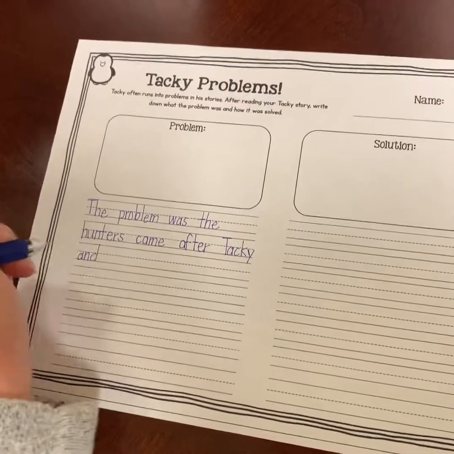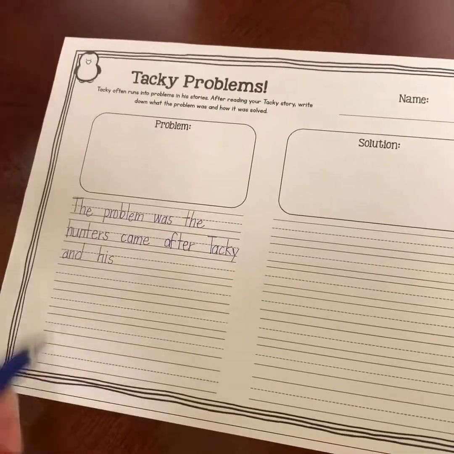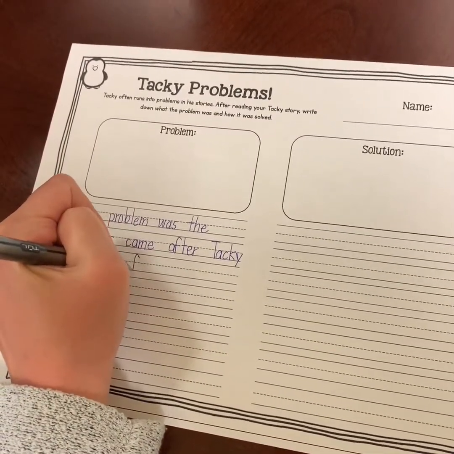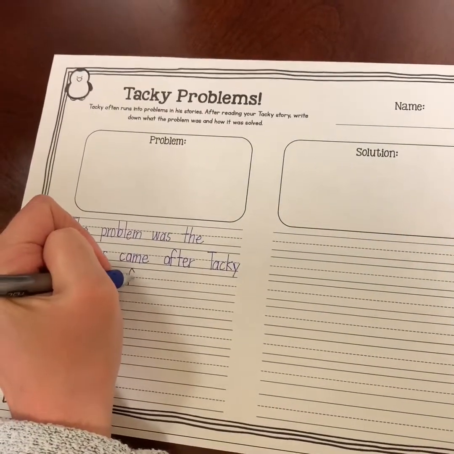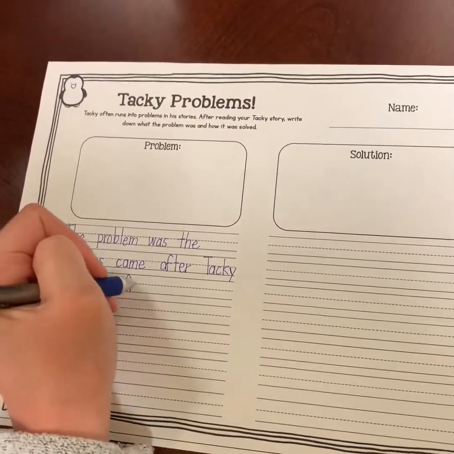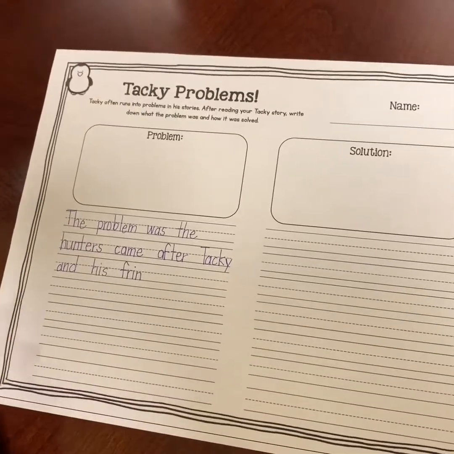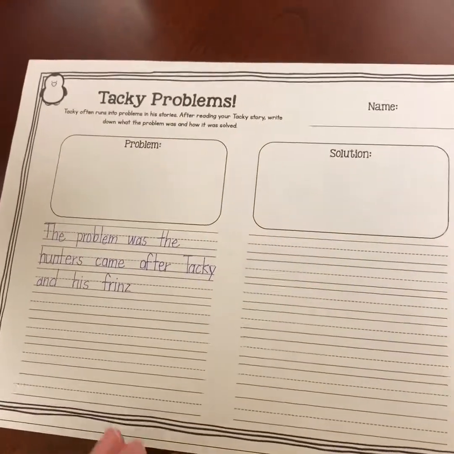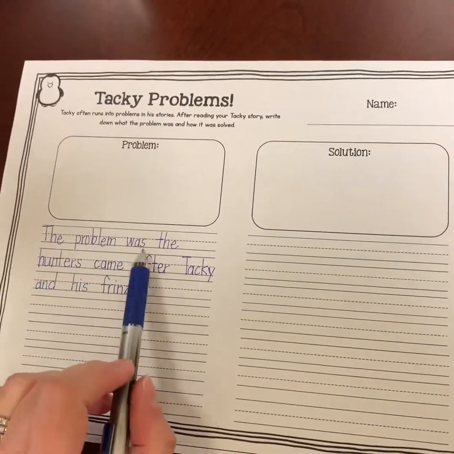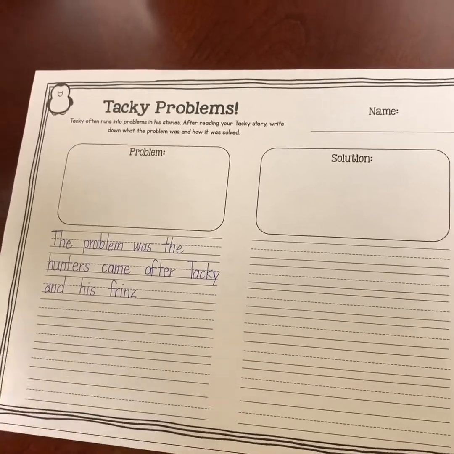And his, we know how to spell his friends. I hear a blend. Do y'all hear a blend? I hear a sight word. Ends, friends. So the problem was the hunters came after Tacky and his friends.